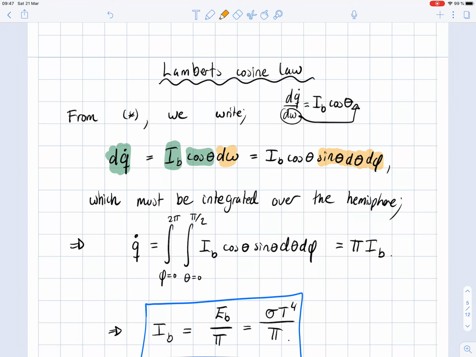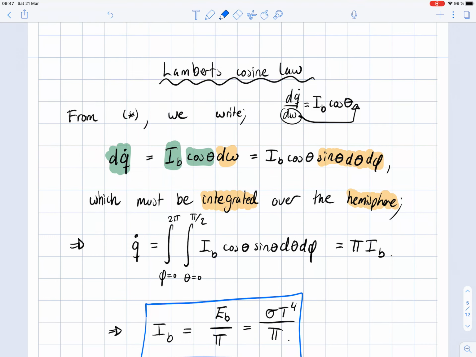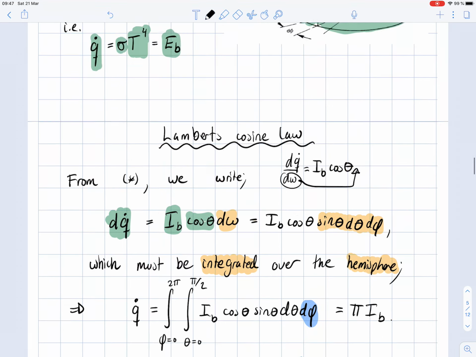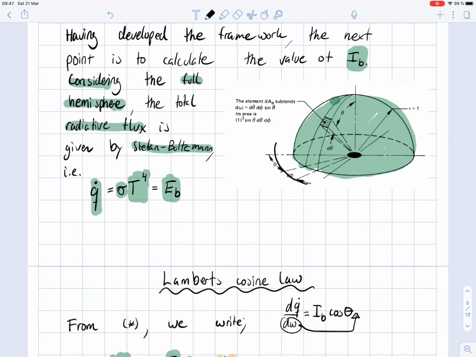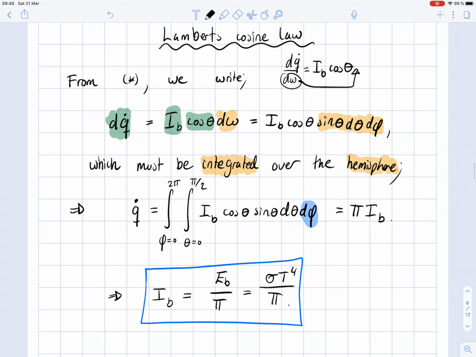Now we can integrate this over the hemisphere, and then we have to look at the limits for the integral. The angle phi, which is the azimuthal angle, will go from 0 to 2 pi, because we're doing the full circle in that plane.